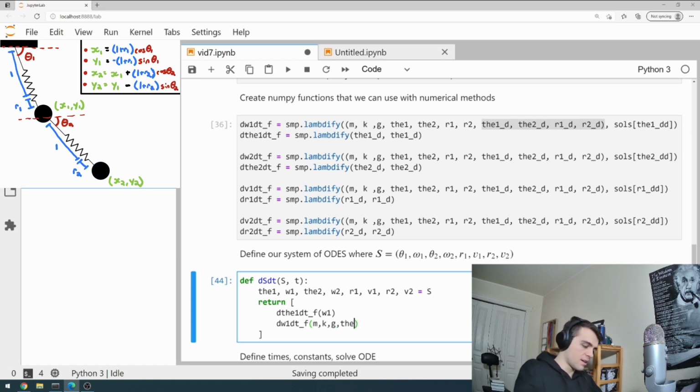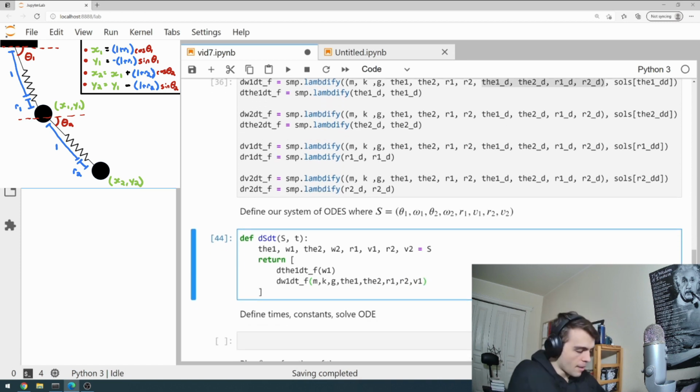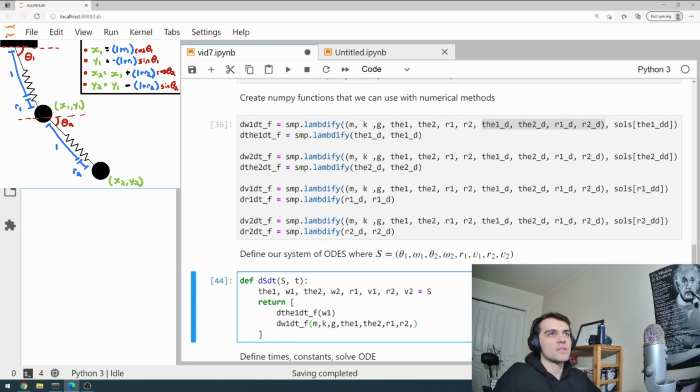It takes in theta 1, theta 2, r1, r2, and remember that these derivatives here are just omega 1, omega 2, and v1 and v2. So omega 1, omega 2, v1 and v2. And so that's like that. And now I'm going to do it for all 4 of the variables.